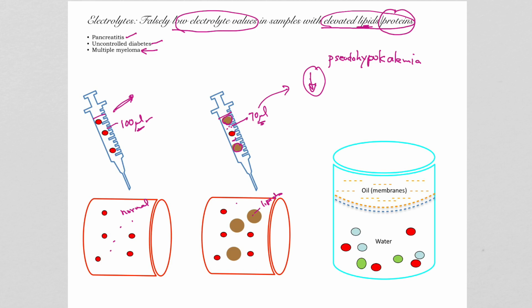This is simply because electrolytes are found only in the water part, and the presence of these large lipid particles or protein particles occupy space, and the amount of water will be less. So we're injecting less into the analyzer, and we're going to have these pseudo values. This is something due to the situation in the lab.